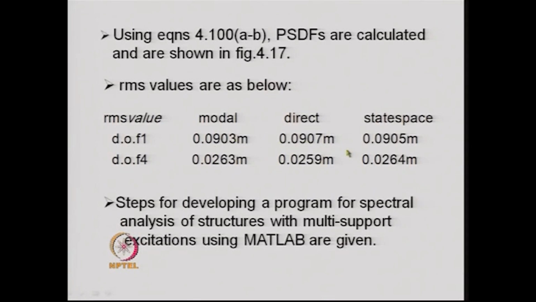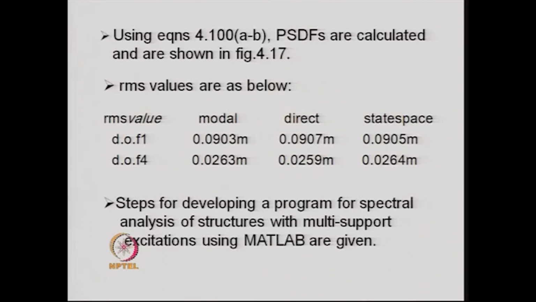This is the direct analysis, in which we do not use the mode superposition technique, but take the entire K, M and C matrix to obtain the responses, and this is the state space solution that we just described. We can see that the RMS values obtained by the 3 different methods are almost the same. Similarly, for degree of freedom 4, that is the first floor displacement, the RMS values are again quite comparable, they are close to each other.